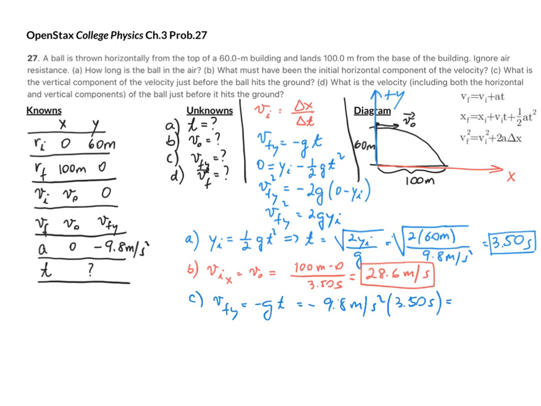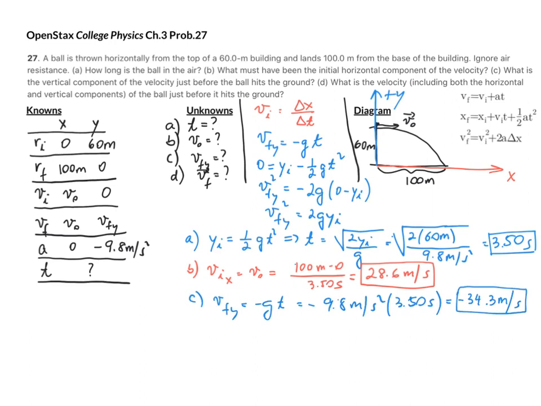And when I multiply those, I end up with negative 34.3 meters per second.